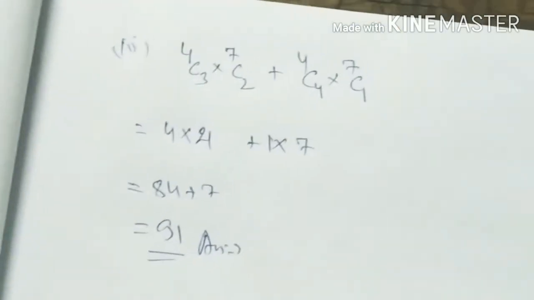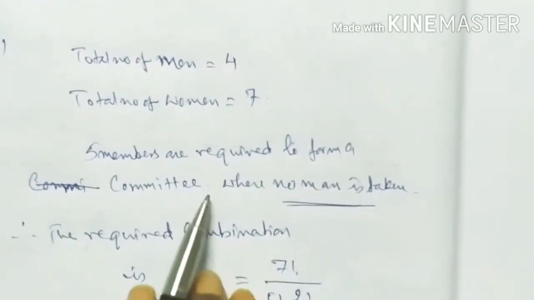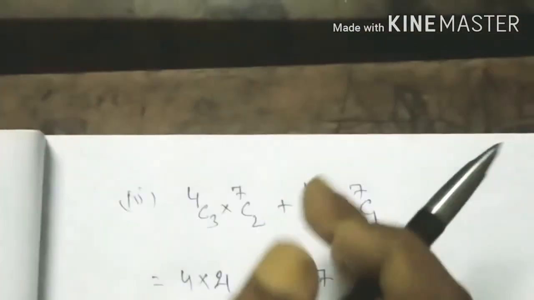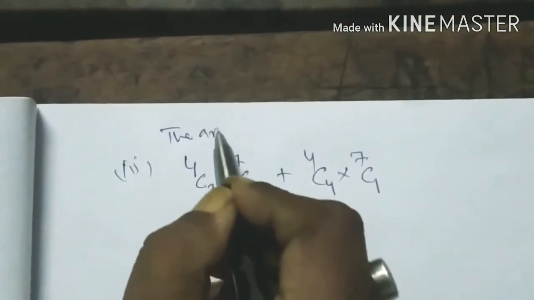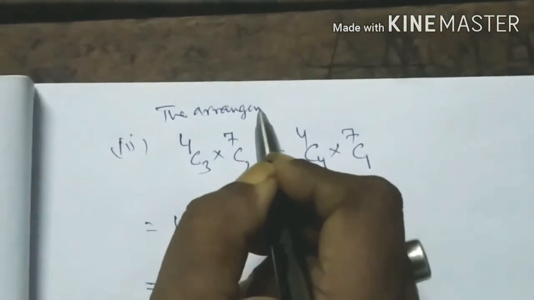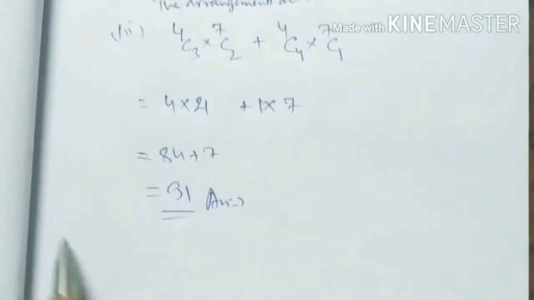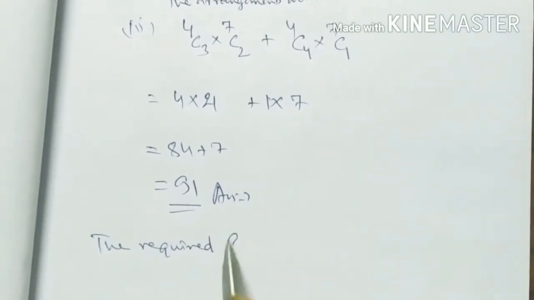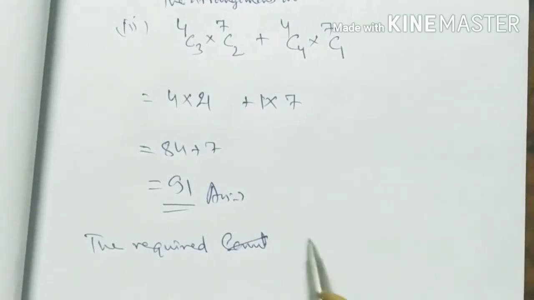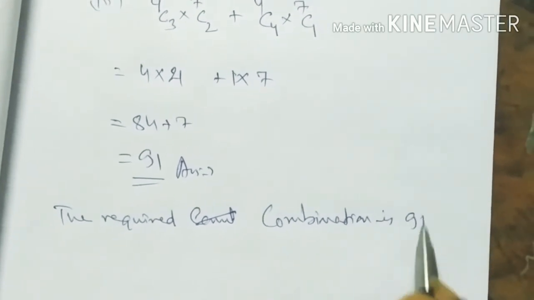In the third question also, you have to write the total number of men, total number of women, and 5 members are required to form a committee. Then the arrangements are this, and therefore you can say here the required combination is 91. You can write like this.